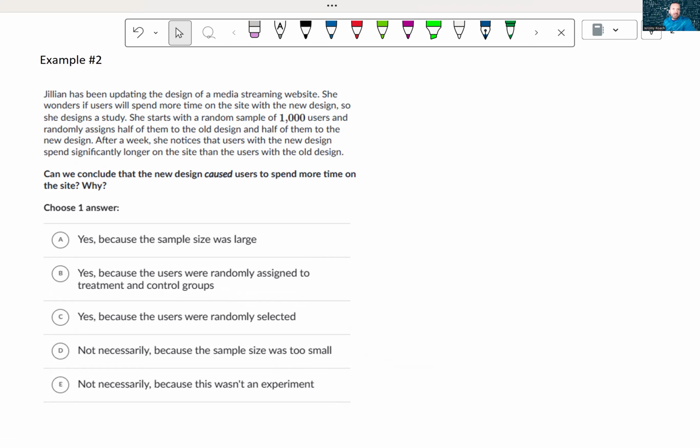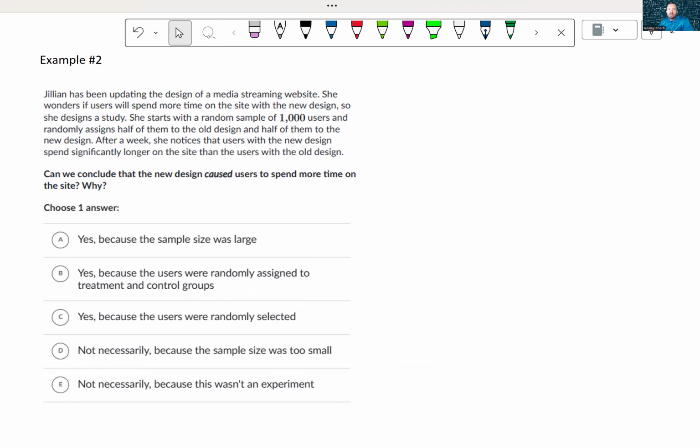After a week, she notices that users with the new design spend significantly longer on the site than the users with the old design. So the question is asking us, can we conclude that the new design caused users to spend more time on the site? Why or why not?